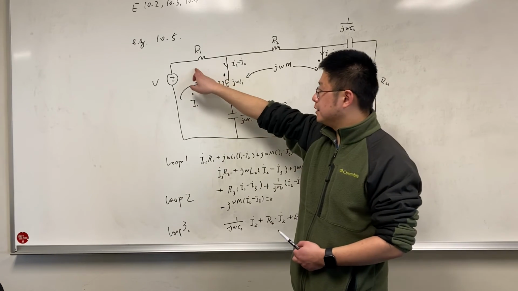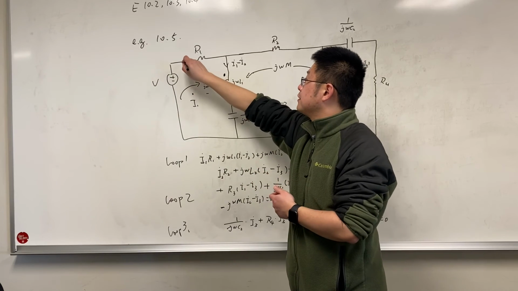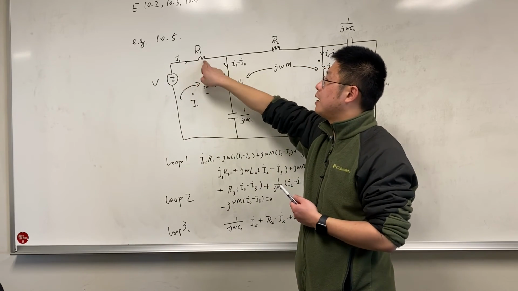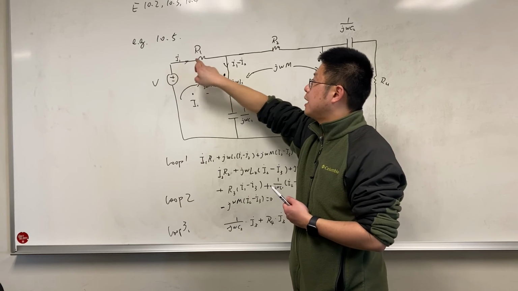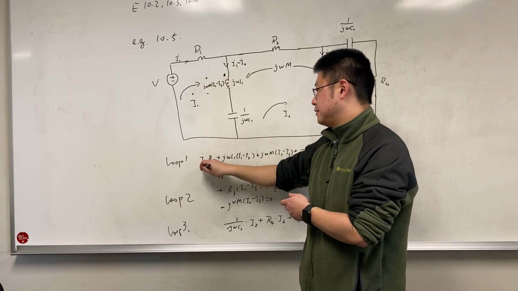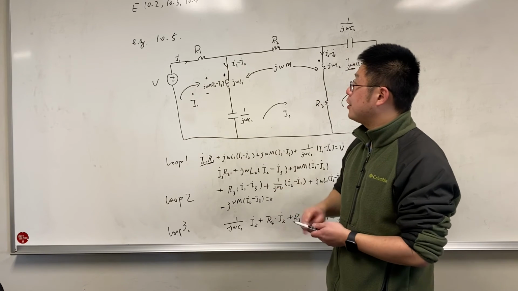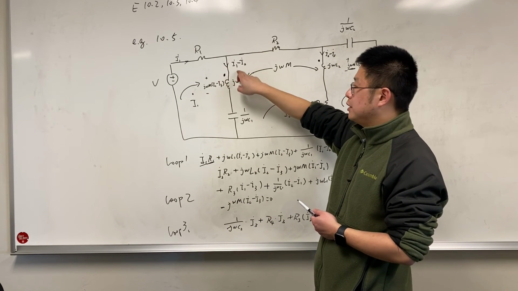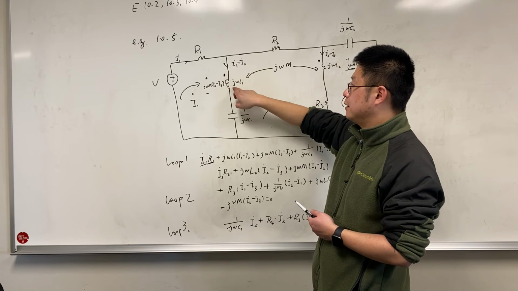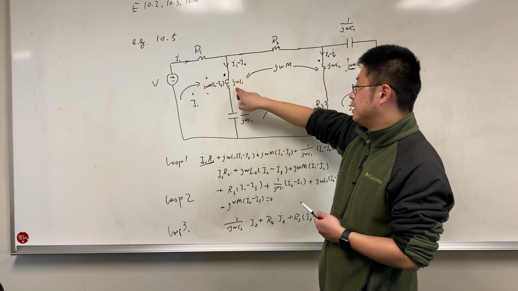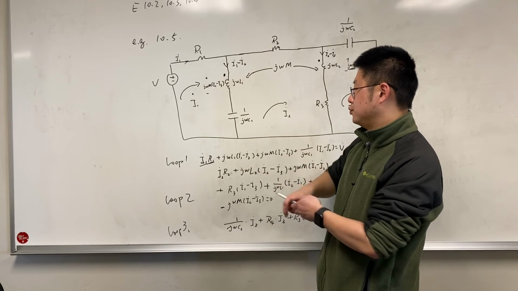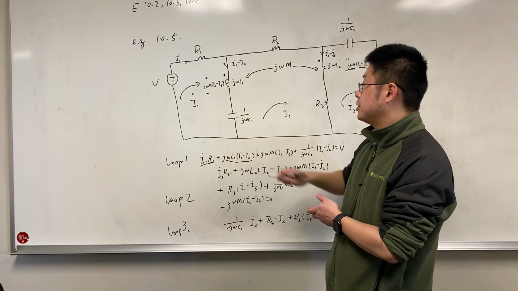For the first loop, this is current I1, so the voltage drop on R1 is I1 times R1. That's the first term. This current is I1 minus I2, so it will have a voltage drop on the inductor, j omega L1 times I1 minus I2. That's the second term.